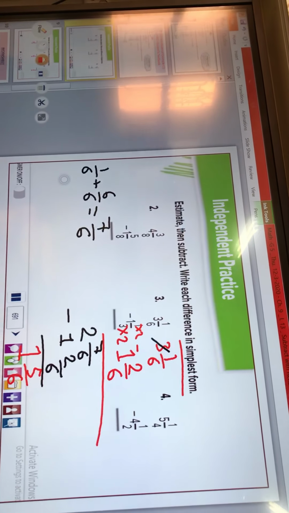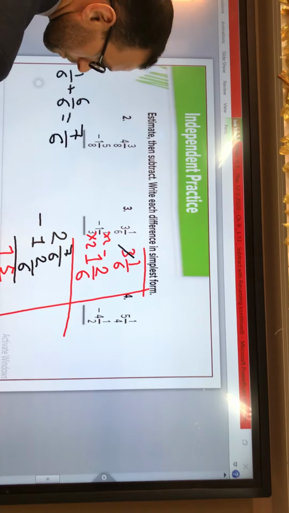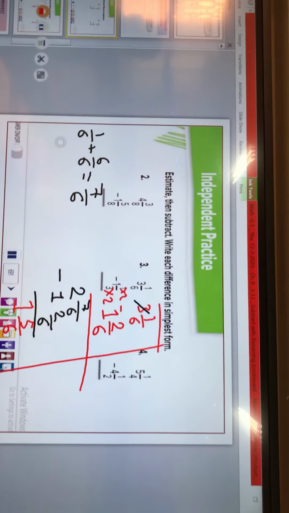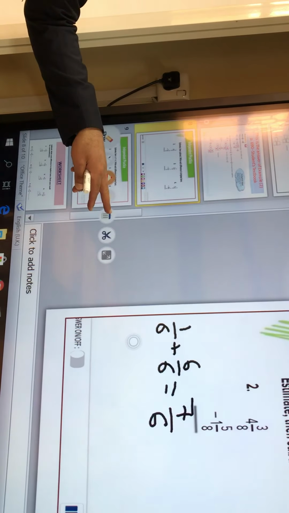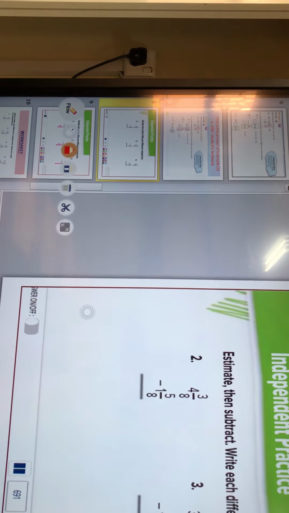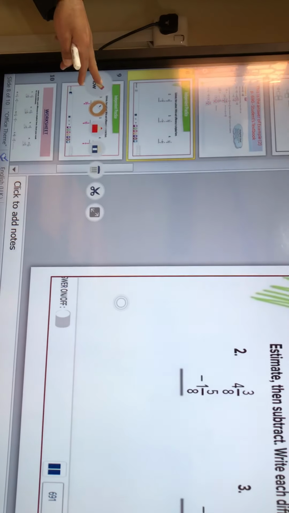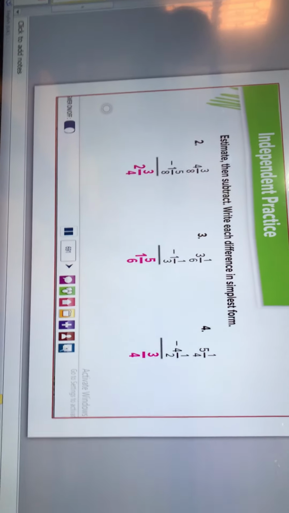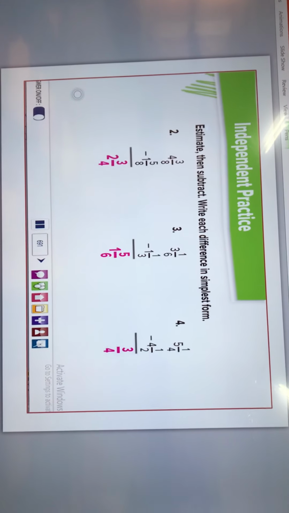And now, number 4 will be for you to check your answer at home. Okay, is this one clear? I will erase the answers. In the second slide, the answers are already here. You can check by yourself, by your steps.